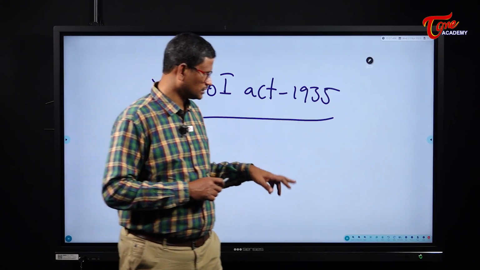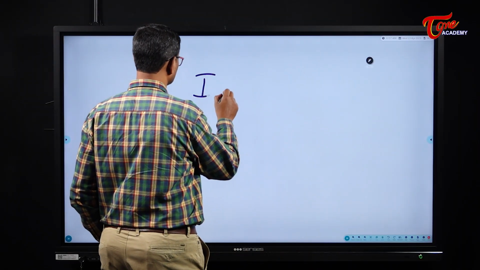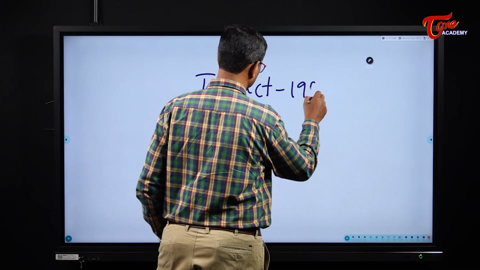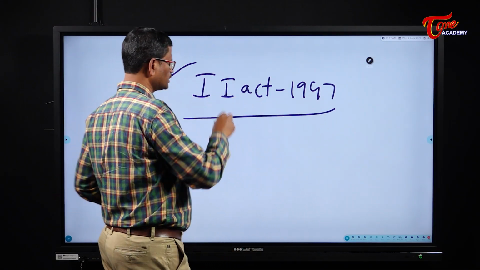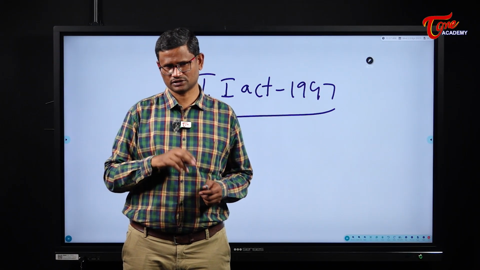The last legislation, Indian Independence Act of 1947. This Act provided for the creation of two dominions, India and Pakistan.